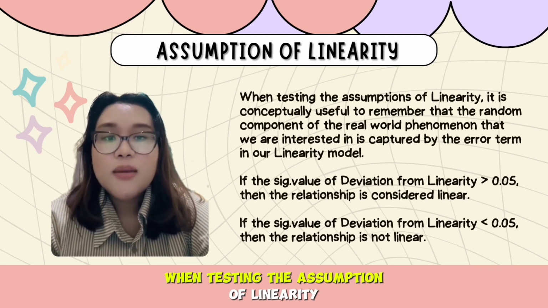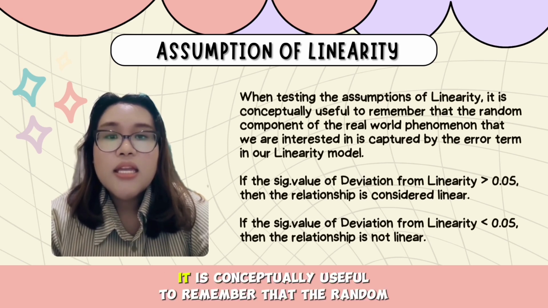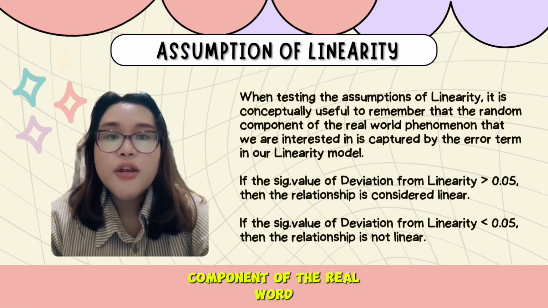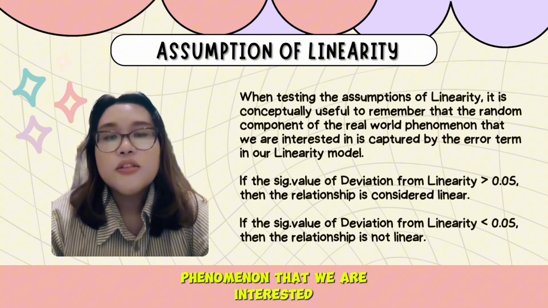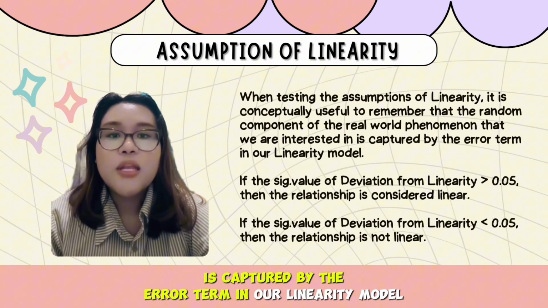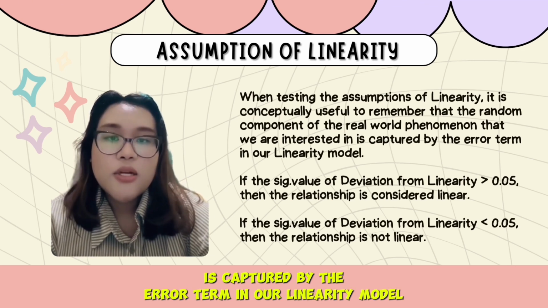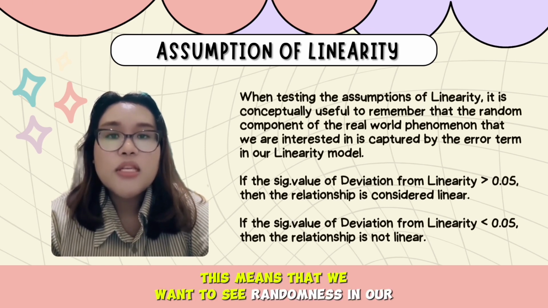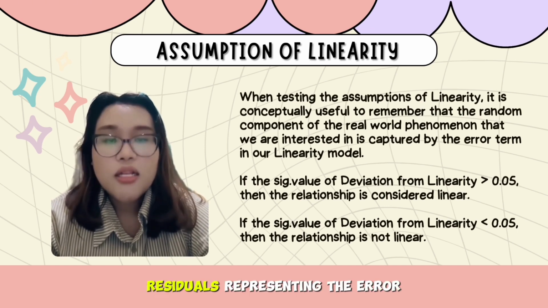When testing the assumption of linearity, it is conceptually useful to remember that the random component of the real-world phenomenon that we are interested in is captured by the error term in our linear model. This means that we want to see randomness in our residuals representing the error.